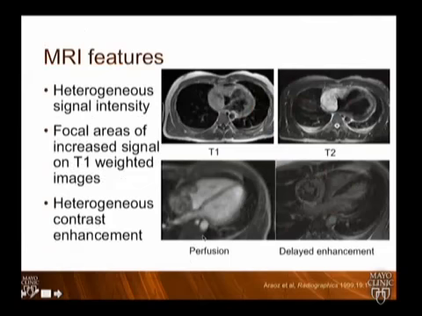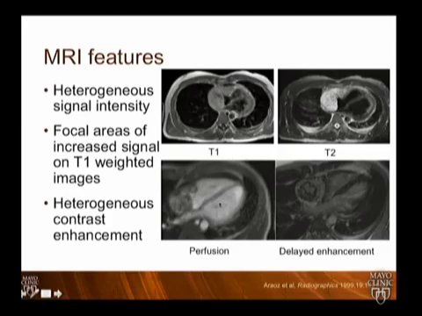You can also do an MRI, and there's also some pretty typical features on MRI. So on T1 weighted images, you see, again, similar findings to the myxoma where it's basically iso-intense to the myocardium, but you see it's more heterogeneous than the myxoma was. And then on the T2 weighted images, because of the fluid content, it's bright. Here you see the pleural effusions are bright, and you see that this mass is lighting up here.